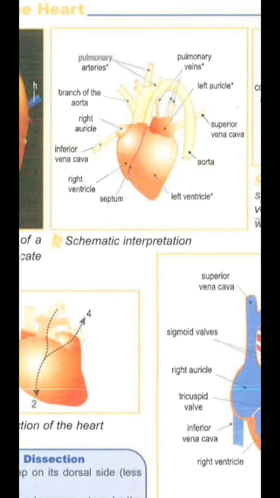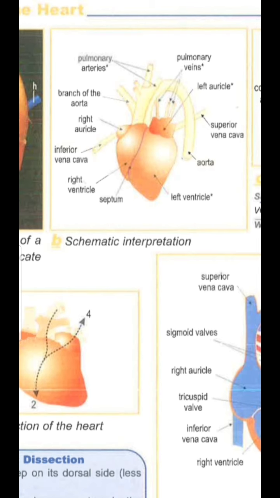So I repeat one more final time. You need to memorize the structures of the heart. I have the left ventricle, the left auricle, the right ventricle, the right auricle. Those two cavities are separated by a septum. Then I have the pulmonary veins and the pulmonary arteries.